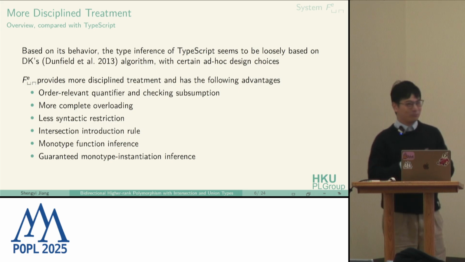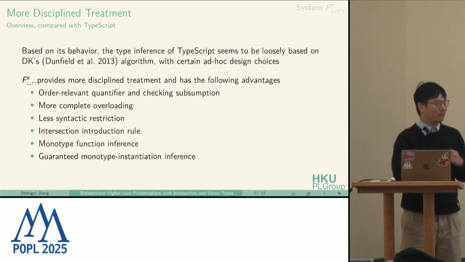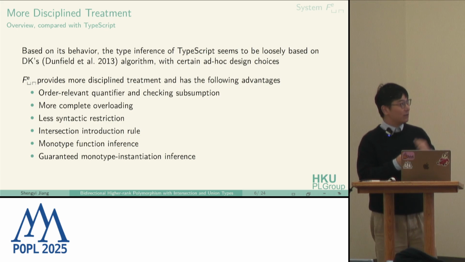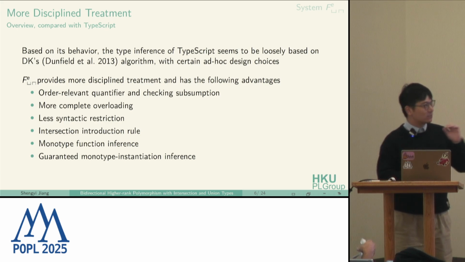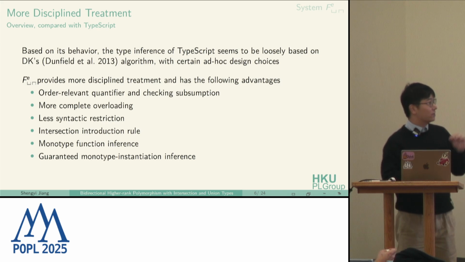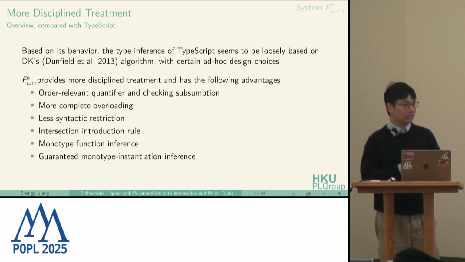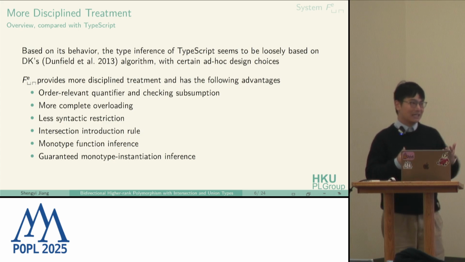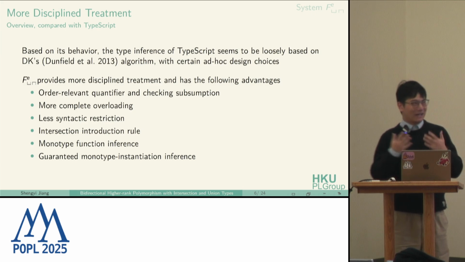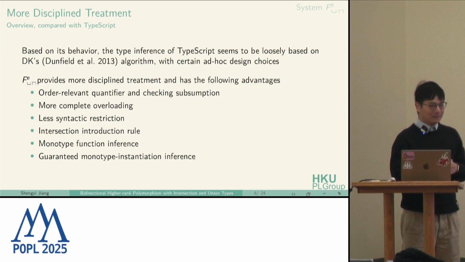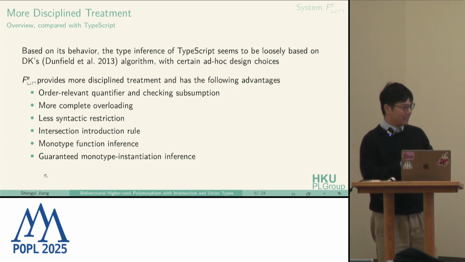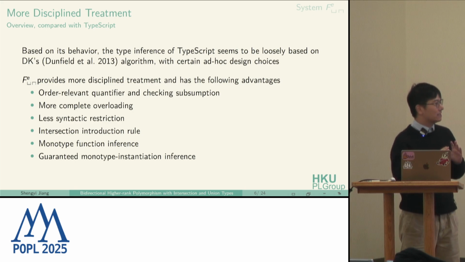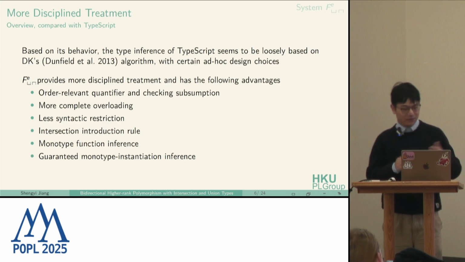Based on our observation, we don't really have the proof because we don't really check its code, but based on its behavior, we think TypeScript seems to be loosely based on Dunfield and Krishnaswami's ICFP 2013 work, with certain ad hoc design choices to support intersection and union types, as well as more other features in TypeScript. But since our study is a formalized study, our system provides a more disciplined treatment, and it has the following advantages.